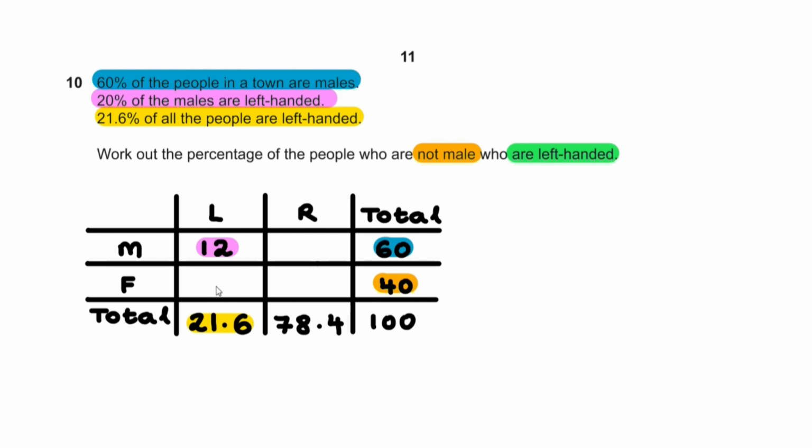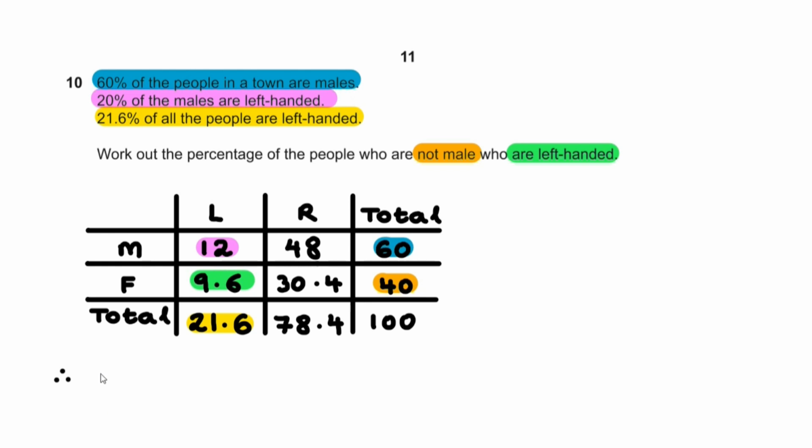So 21.6 take away 12, that's 9.6. And if we finish off the rest of the two-way table, here we'd have 48, and here we'd have 30.4.